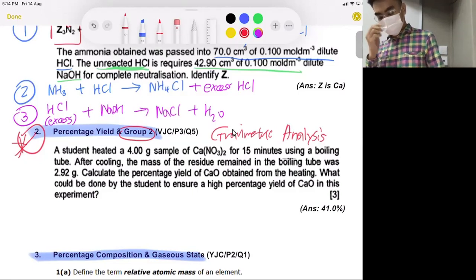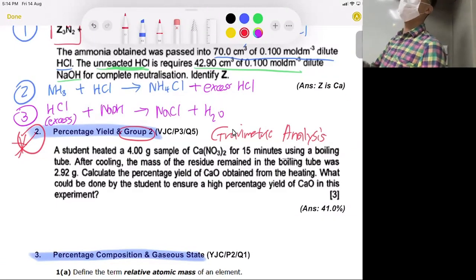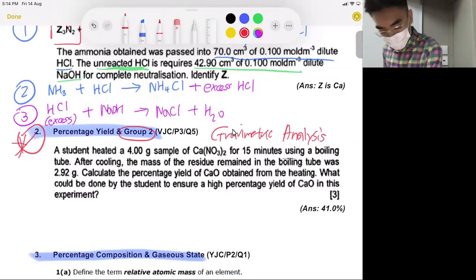This is taught in planning also. It's under this concept of gravimetric analysis. Gravimetric analysis means that you heat a sample. The objective of heating a sample is to find out how much of a certain compound is in the sample.